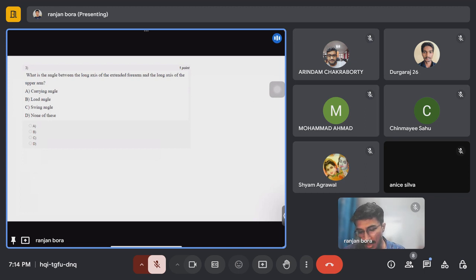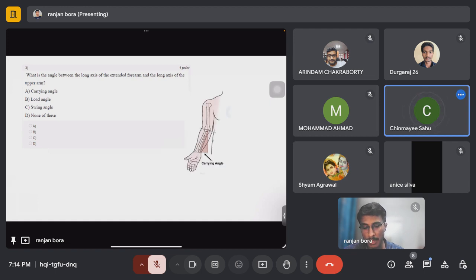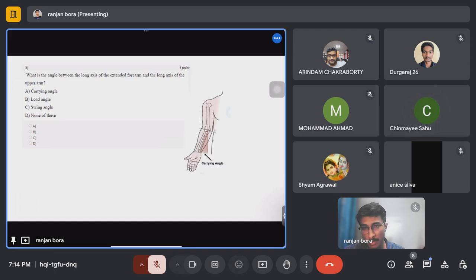What is the angle between the long axis of the extended forearm and the long axis of the upper arm? Carrying angle. Yes. You can see from this figure, the long axis of the extended forearm means this axis, and the long axis of the upper arm means this axis. So this is the angle, and this is known as the carrying angle.